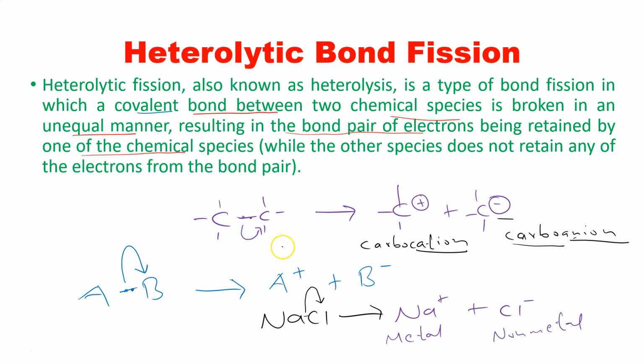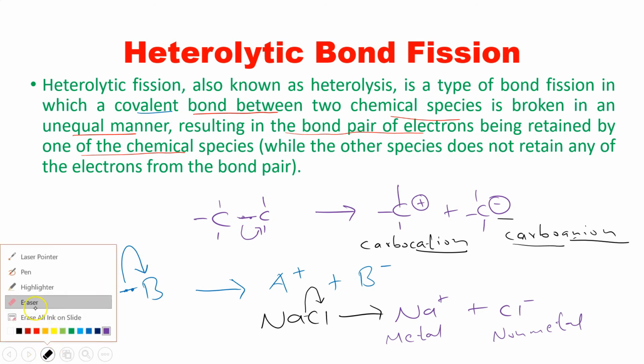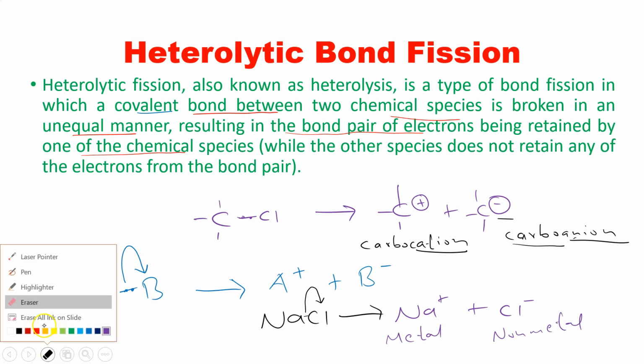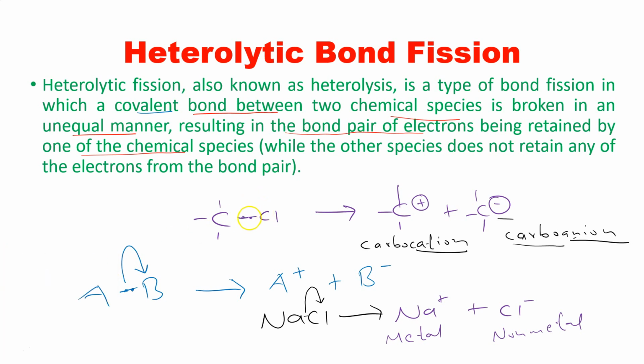And there are some more outputs of this reaction: if instead of a carbon there is another species, it may be chlorine, suppose I write chlorine here. The valency of chlorine is only one, that is why it will have only one pair of electrons.